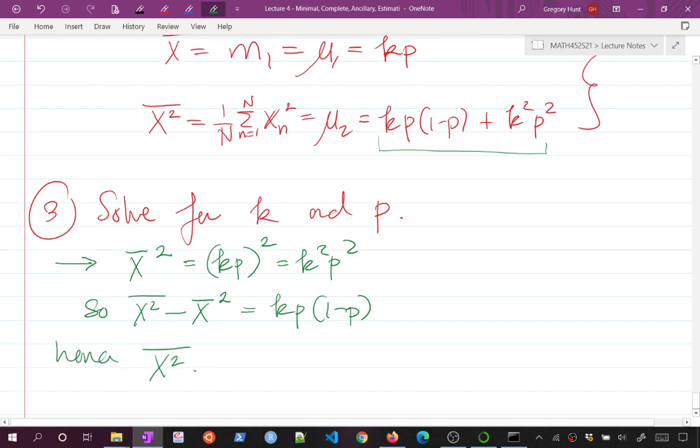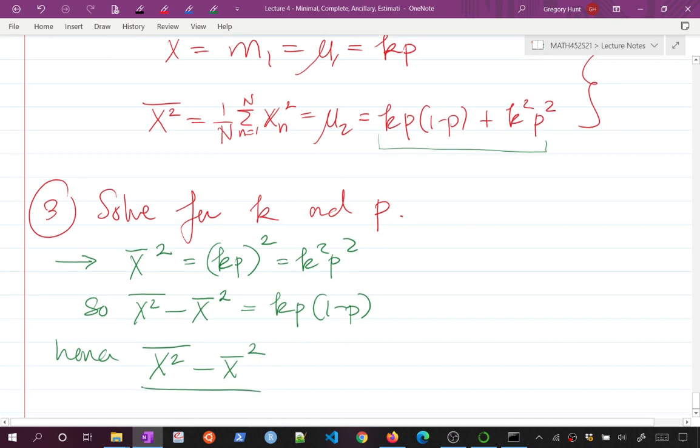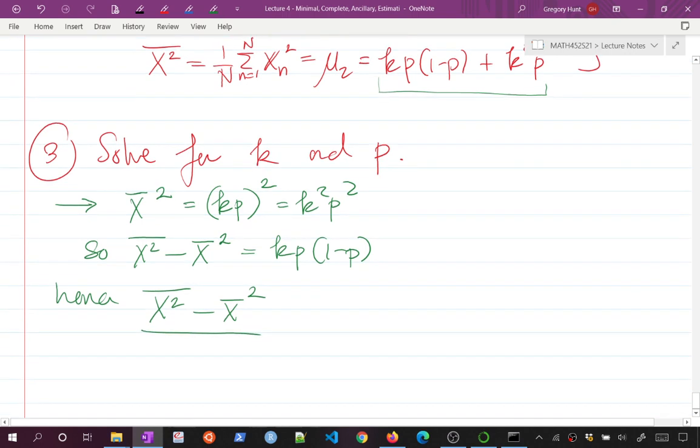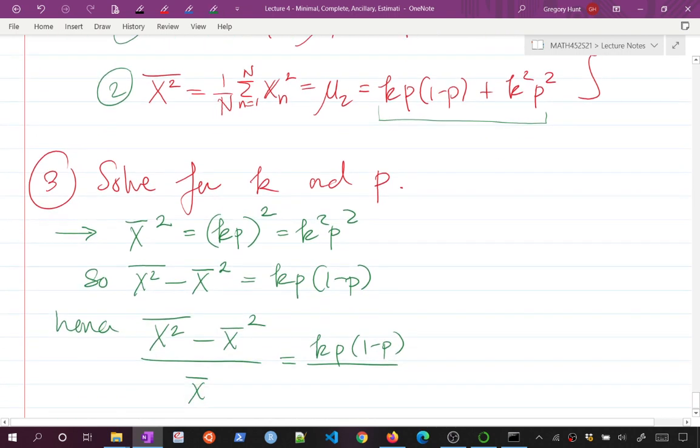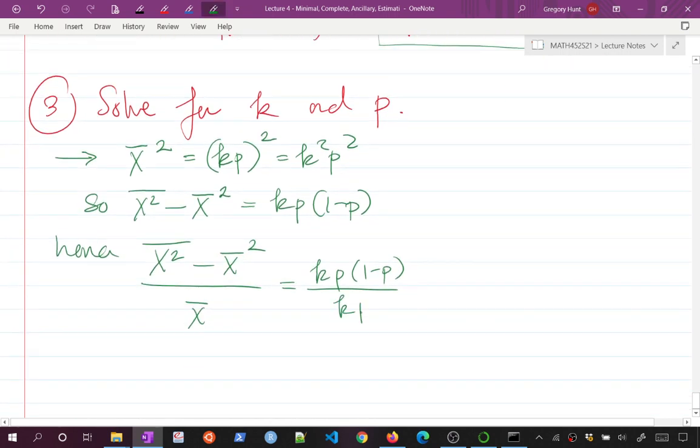x squared bar minus x bar squared, divided by x bar. That should give me kp times 1 minus p up top, x bar in the bottom. According to my first equation, equation 1 here, x bar is kp, so this should give me 1 minus p.